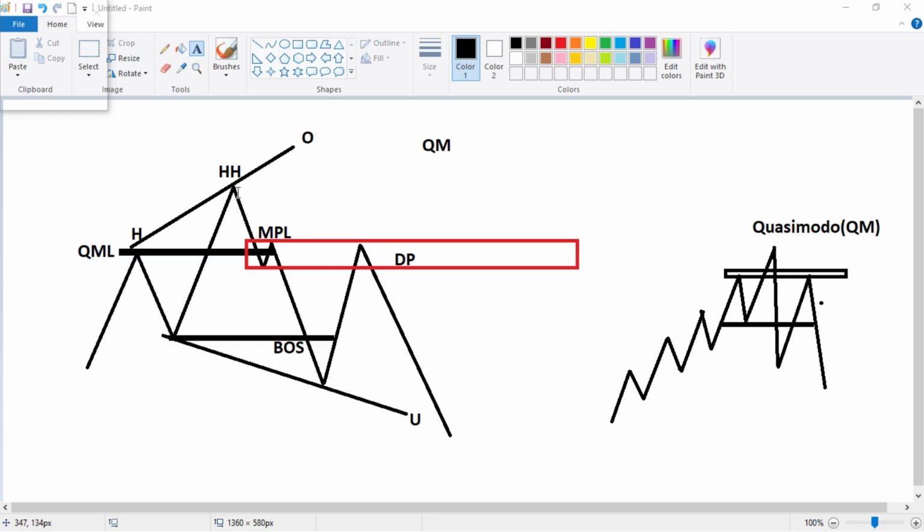And price will then fail to form a new higher high and then break structure over here, break this higher low, creating a new lower low. After that, price then retraces back to this level over here, and then drops.